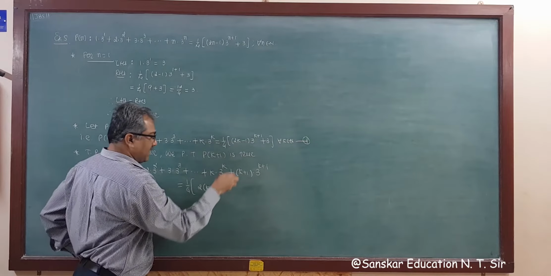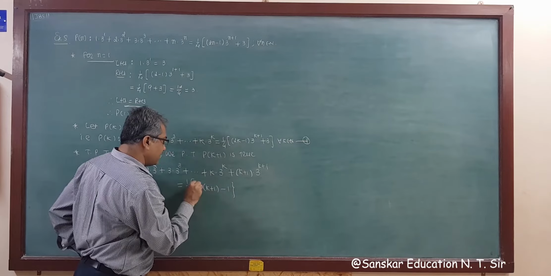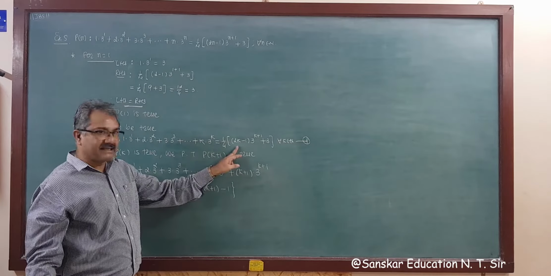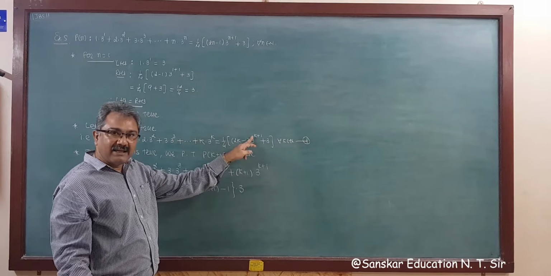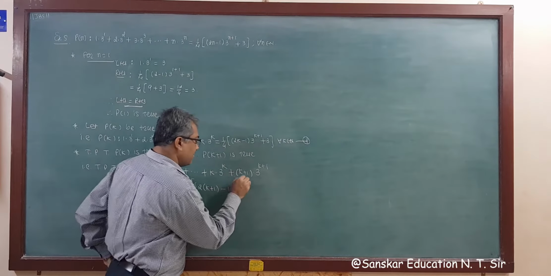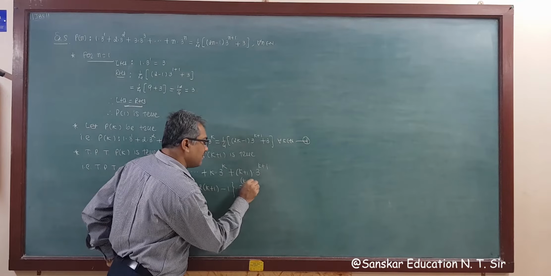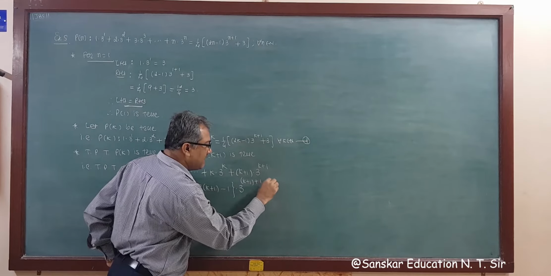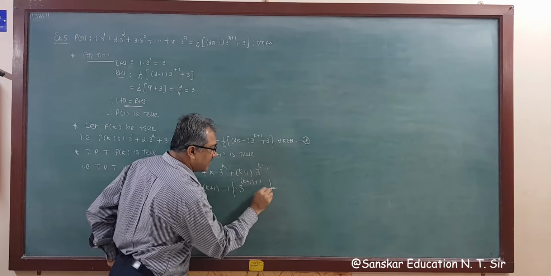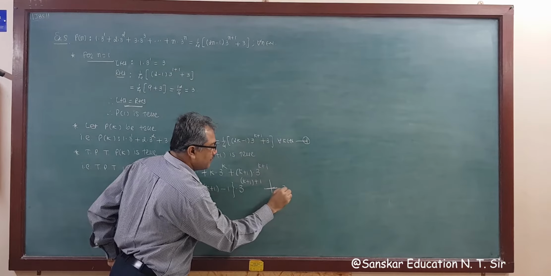Now this bracket, I am writing a curly bracket here, this into 3 raised to, now replace k by k plus 1. So this is k plus 1 and this is plus 1, and then a big plus because the terms are different. So plus 3.